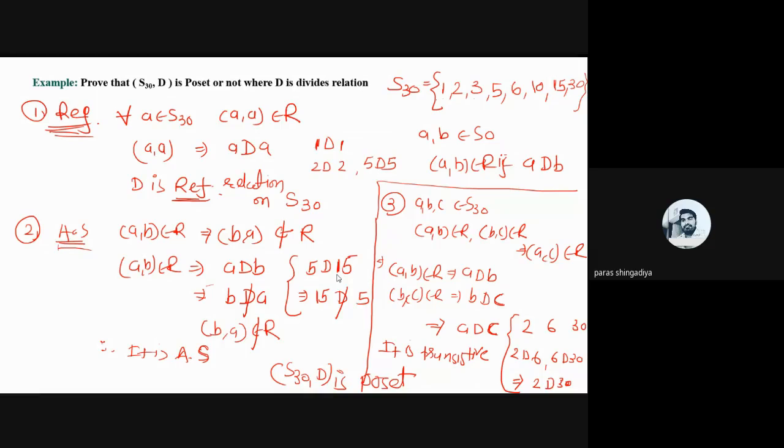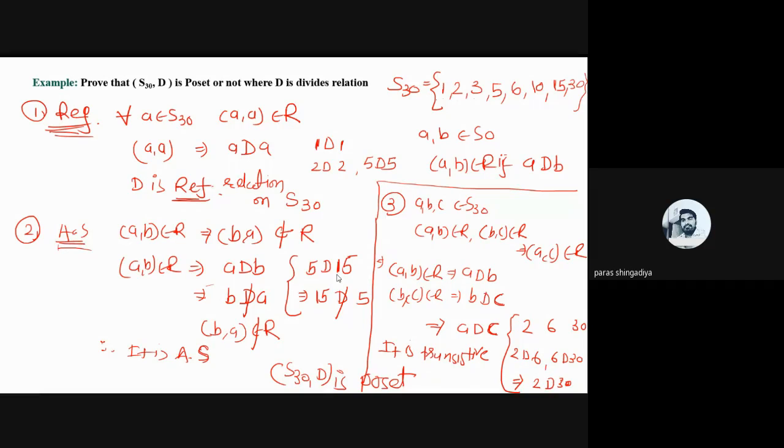So in each example, the set is different and the relation is also different. So we have to first verify which numbers are included in the given set and what the relation is for the given set.